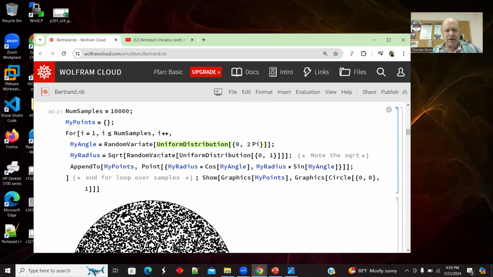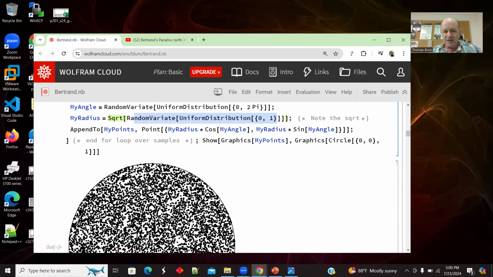But the other thing I'm picking is a random number between 0 and 1, but I'm taking its square root. When you're picking random points distributed uniformly through the circle, you don't want the radius to have a uniform distribution, but a square root distribution. So you take a uniform random number, and then you take the square root of it.